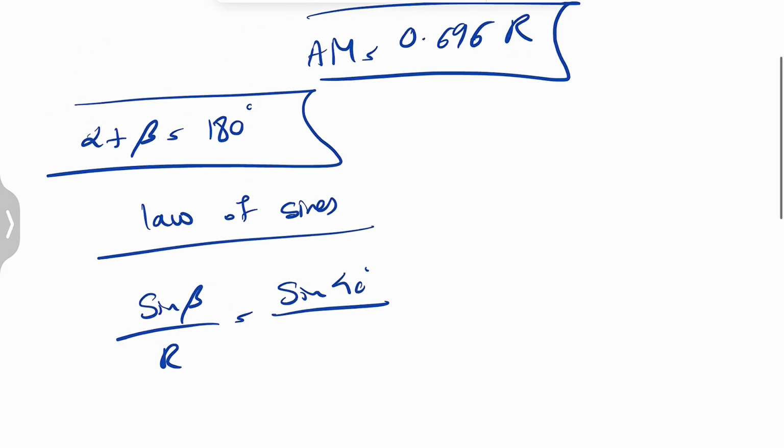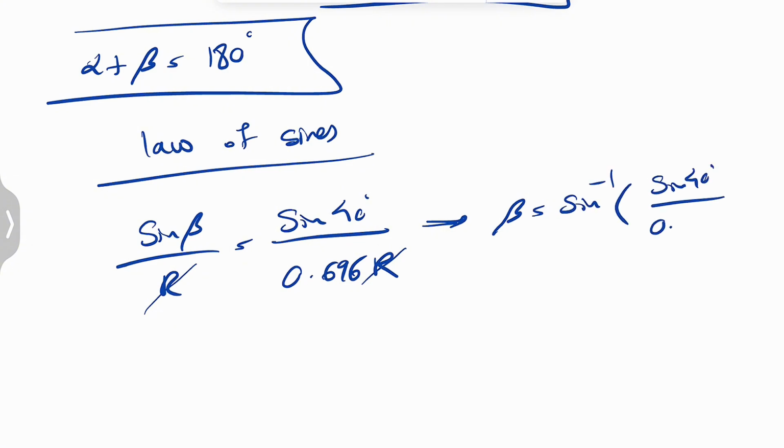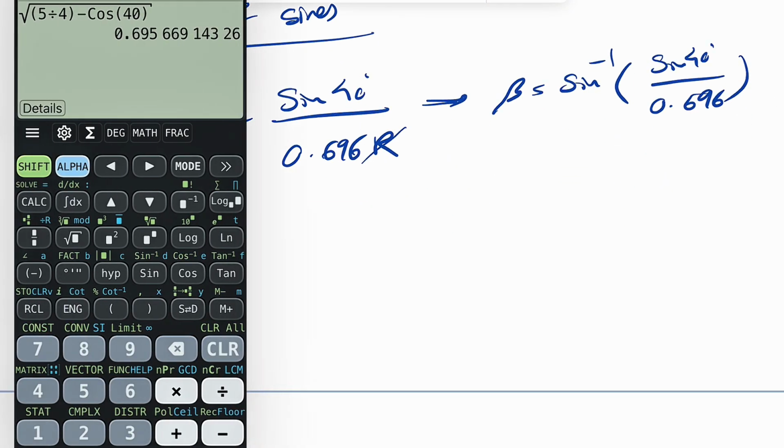And our AM, we figured, is 0.696 R. We can cancel out all the R's, and beta would be the inverse sine of sine of 40 degrees divided by 0.696, which is 180 minus the inverse sine of sine of 40 divided by 0.696.